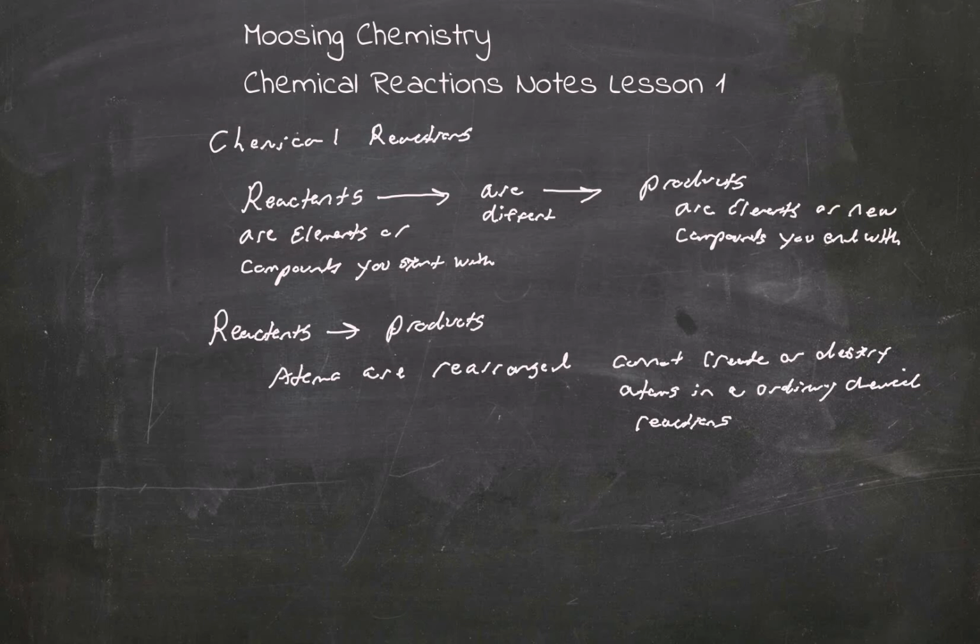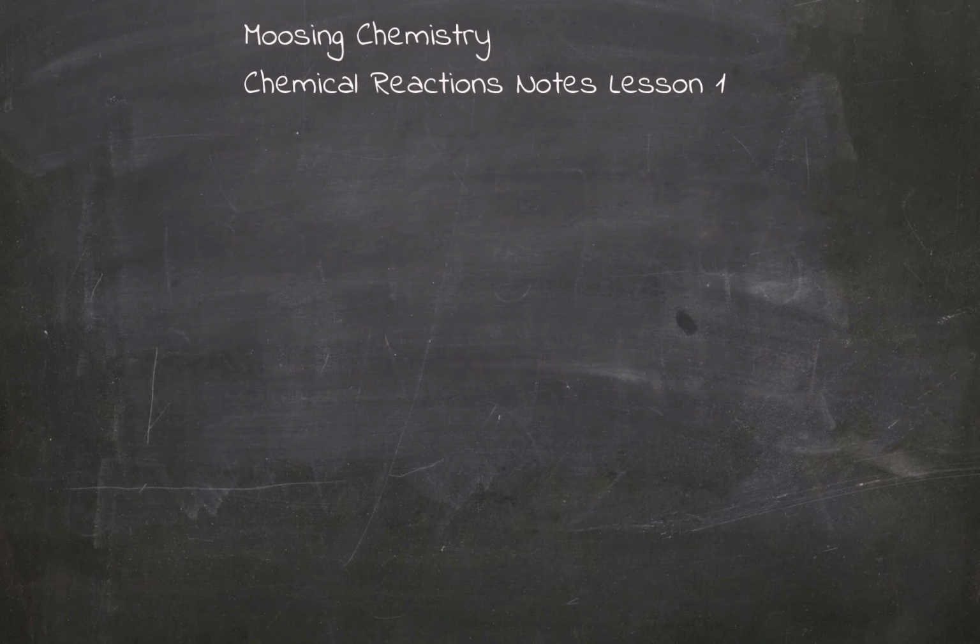So, let's clear this board here real quick, and let's see basically what kind of reactions you would see. One type of reaction would be, let's say you have magnesium iodide, right?